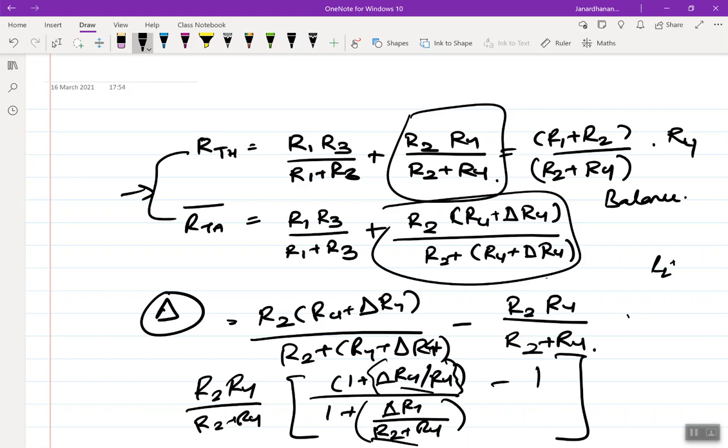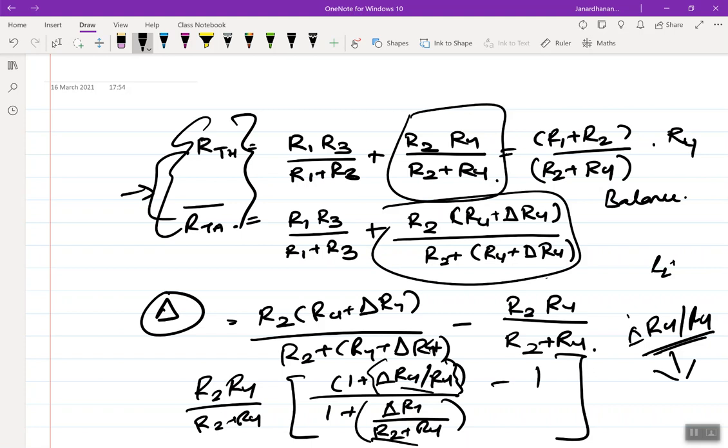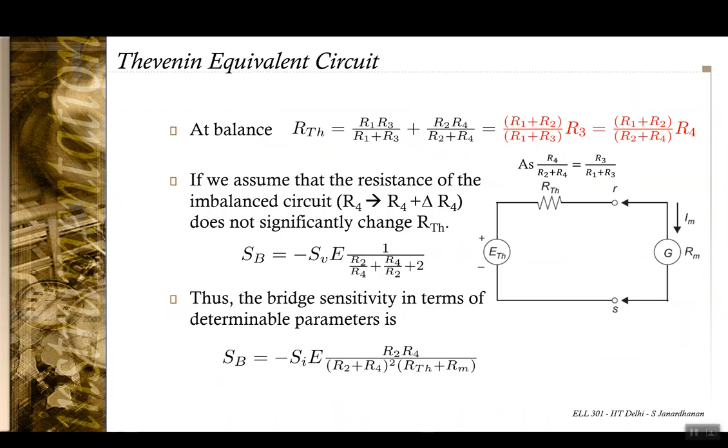It doesn't change even by a factor of delta R4 by R4. It changes by less than that factor, and therefore we can assume that in these two scenarios, the Thevenin resistance remains constant. Now let's get back to the slide.